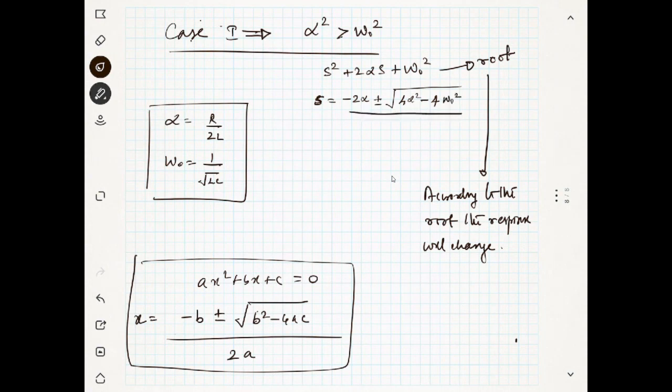Divided by 2a, which means 2 into 1. So my s will be equal to minus alpha plus or minus. The root of 4 can be taken outside, so 2 will cancel. So the root will be alpha square minus omega naught square. Is it clear? This will be my root.